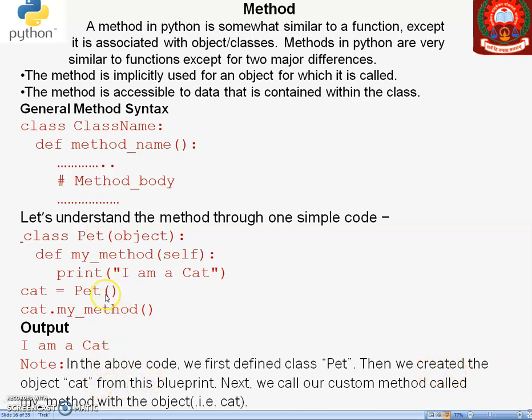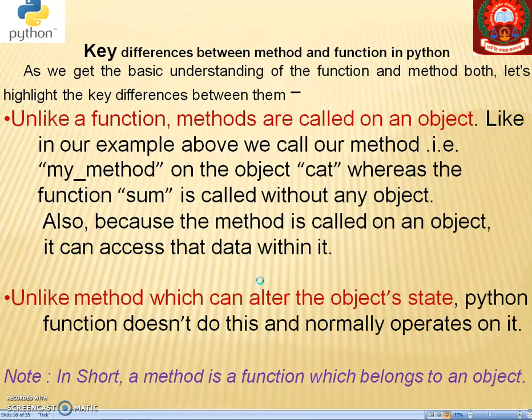So from this blueprint, next we call our custom method called my_method with the object, that is cat here. We will now see the key difference between method and functions that I have already written.